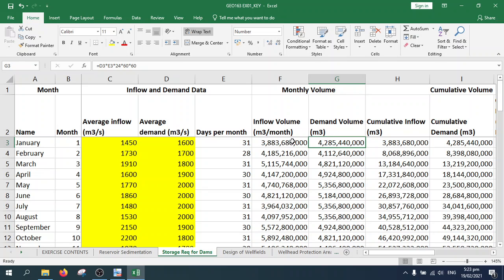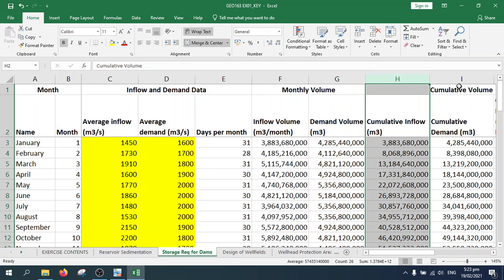So for example, if you get a deficit in the first month, and then you get another deficit for the second month, note that the dam has to catch up with the deficit from the first month, and then in the second month, it also has to catch up with the deficit from the first and second months. All right, so the deficits just accumulate. That's why we calculate deficits in terms of cumulative deficit.